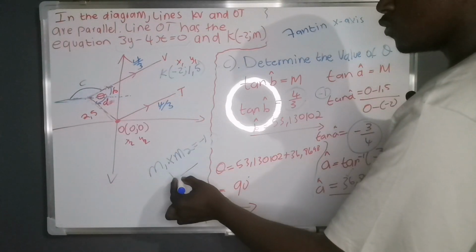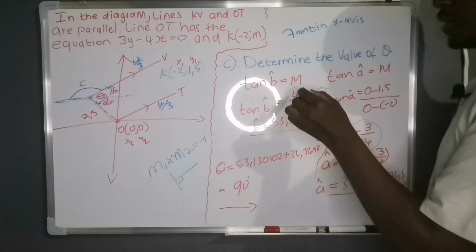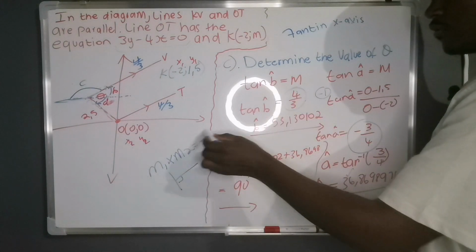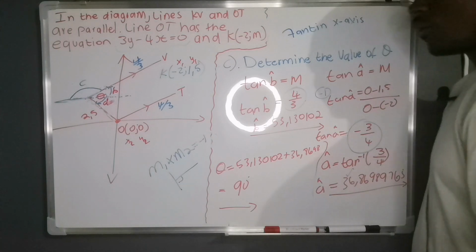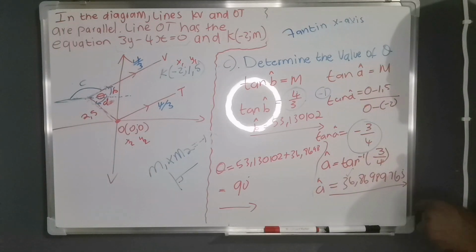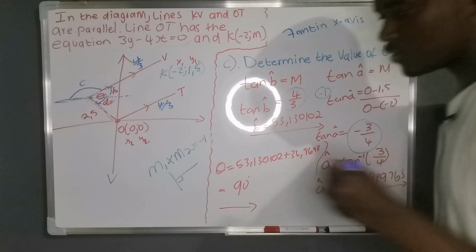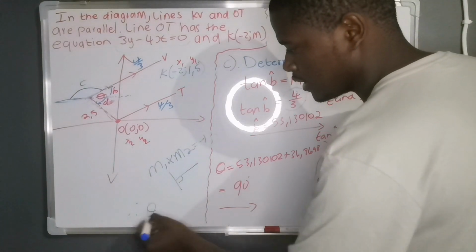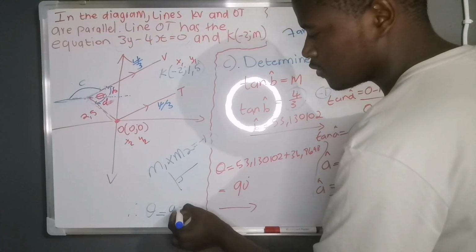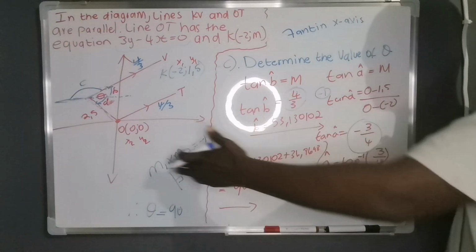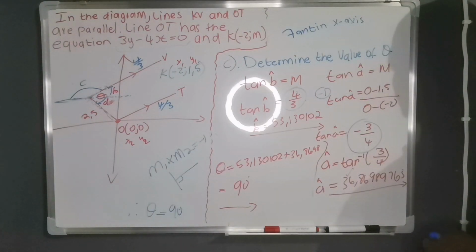KV is perpendicular to KO if and only if you multiply the two and they give you -1. That's another way of finding the angle theta. Therefore we conclude that theta is equal to 90 degrees. Thank you guys. I hope you understand this part.